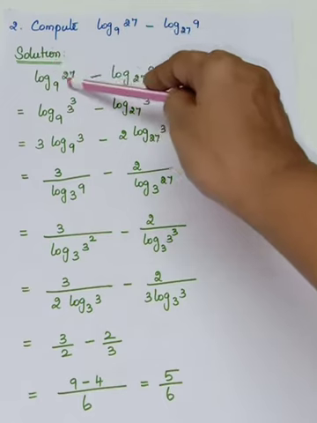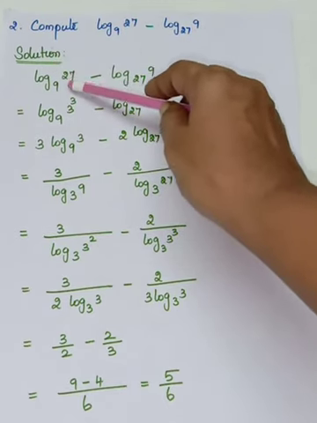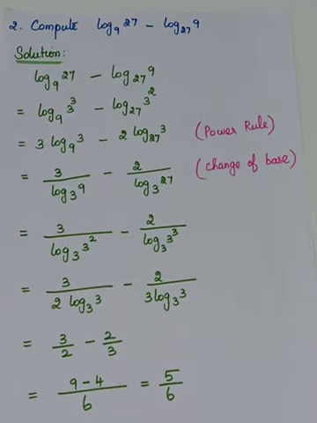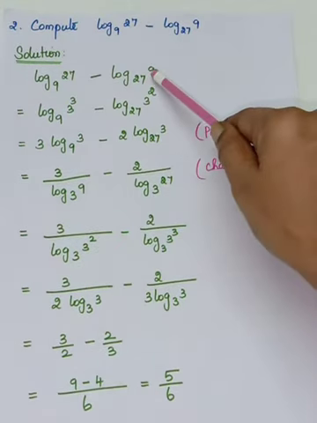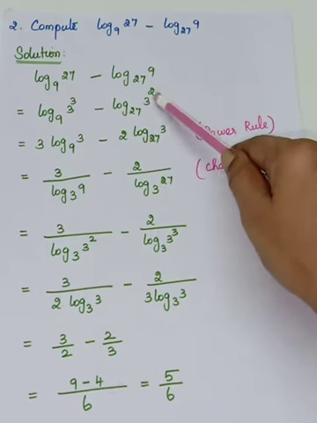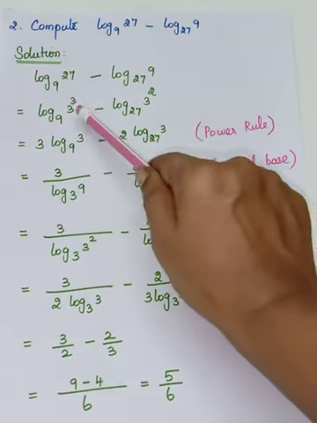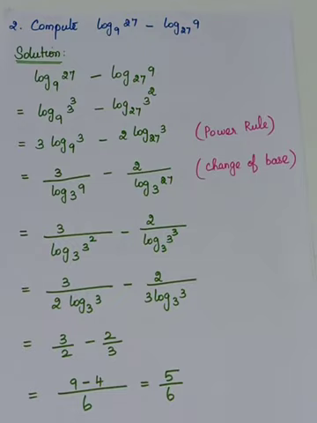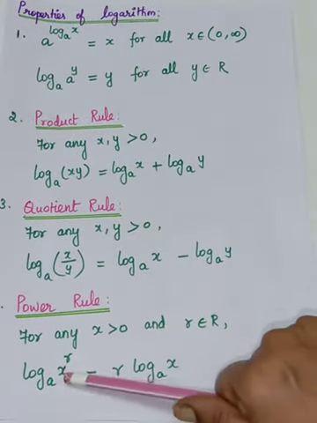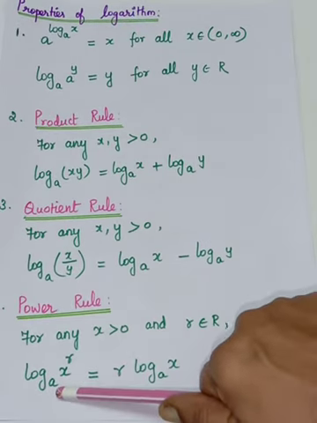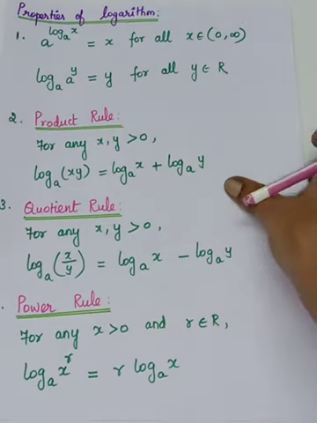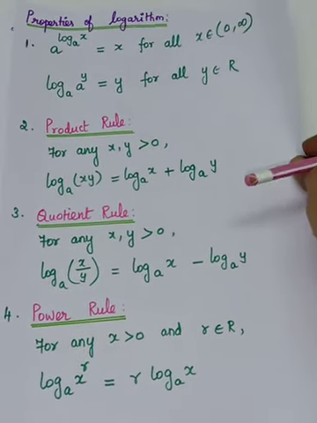This 27 can be written as 3 power 3, and 9 can be written as 3 squared. Here I am going to apply the power rule. I said log x power r to the base a can be written with the power coming in the front.